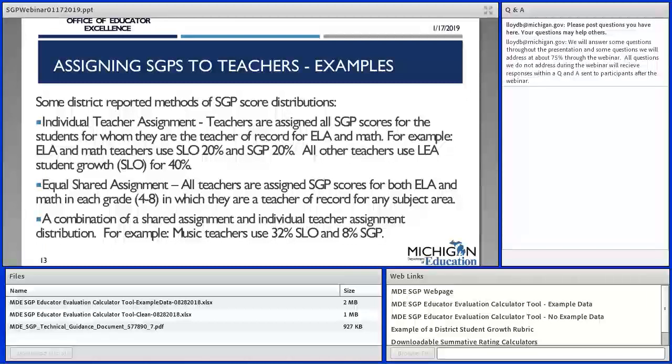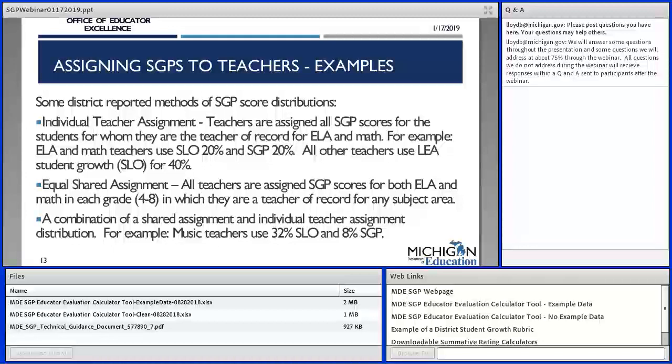So there are a lot of different methods that districts are using to assign SGPs to teachers across the state. One, maybe the most common, is using SGPs or EVAS, a value-added model that we'll speak on in a webinar next week, or another model if that data is available to you, through individual teachers' assignments. So teachers are assigned all SGP scores for students for whom they are teacher of record.